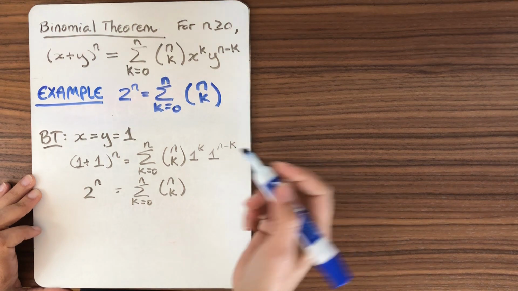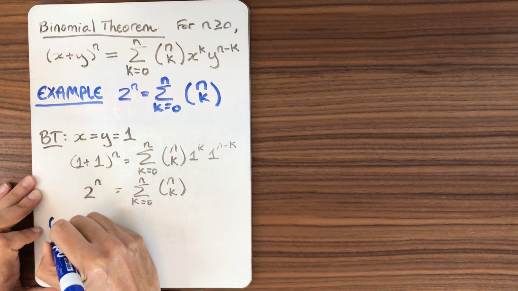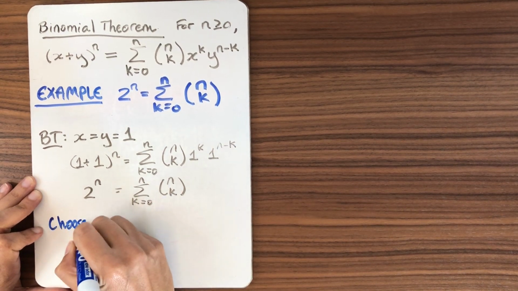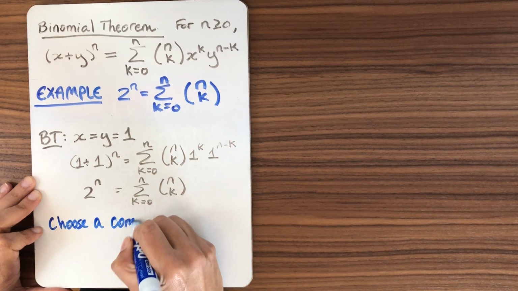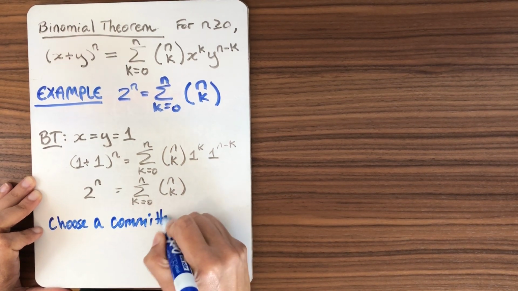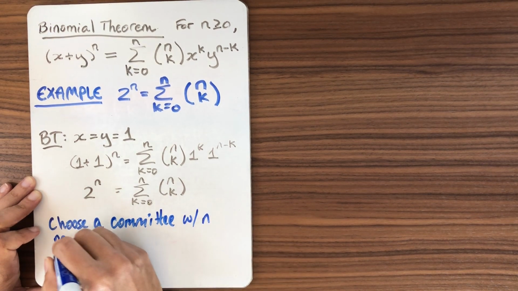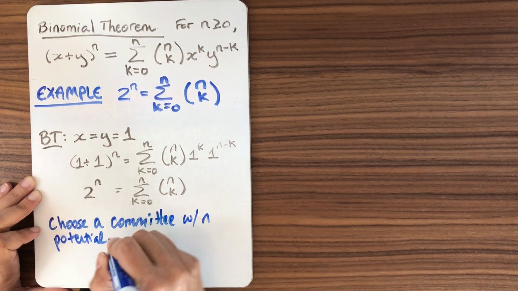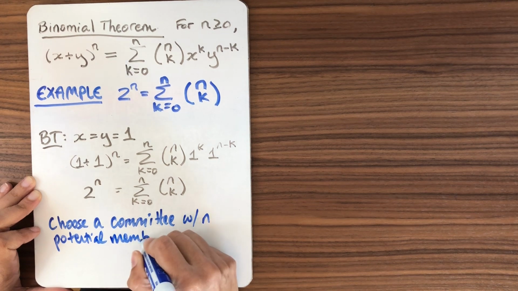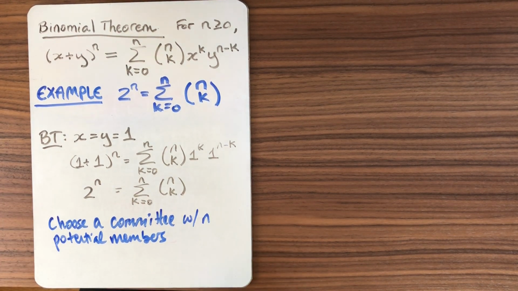I'm going to think of committees. Both sides are telling me how to choose a committee with n potential members. That's what I claim they're both doing.